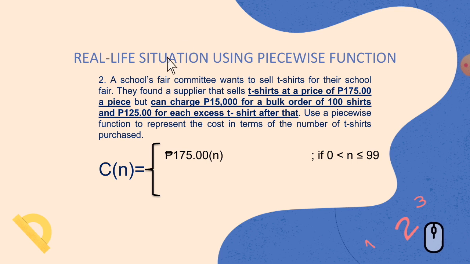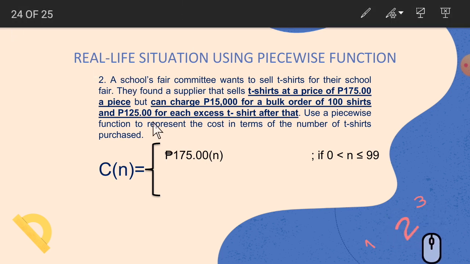So magbabayad ka lang ng 175 pesos kapag yung bilang ng t-shirt natin ay hindi lalagpas sa 99. So hanggang 99 lang dapat yung piraso ng t-shirt na bibilihin mo kung gusto mong 175 pesos na lang yung babayaran mo kada isa. Kaya ang ginamit natin dito is 175 pesos times n.